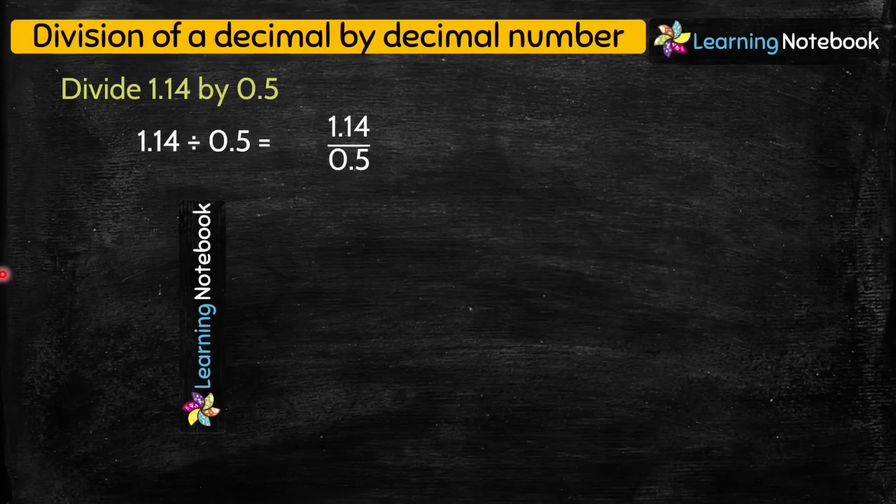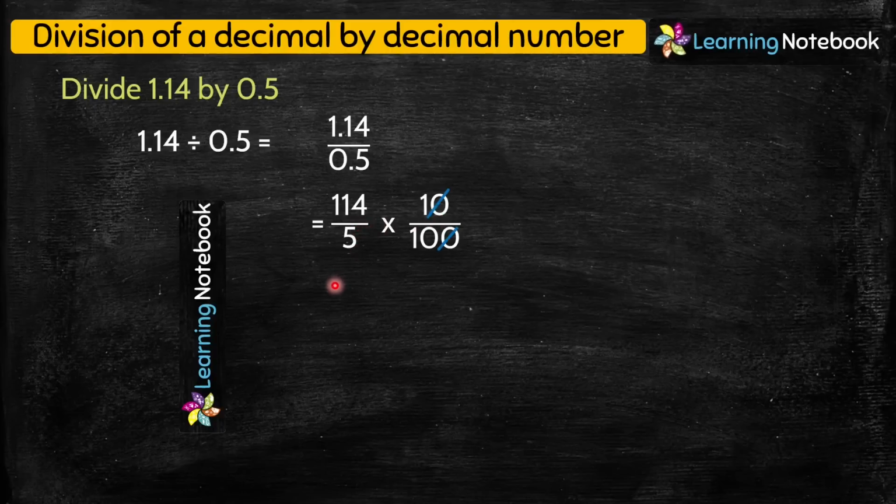Now let's convert both numerator and denominator into whole numbers. 1.14 has 2 decimal places. So let's put 100 in the denominator. And 0.5 has 1 decimal place. So we will put 10 in the numerator.